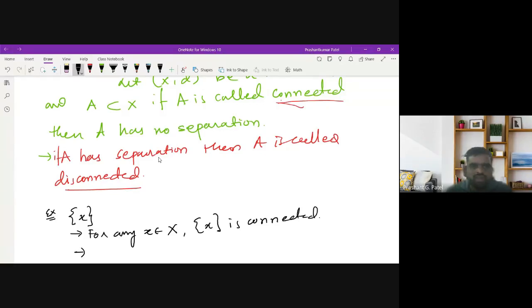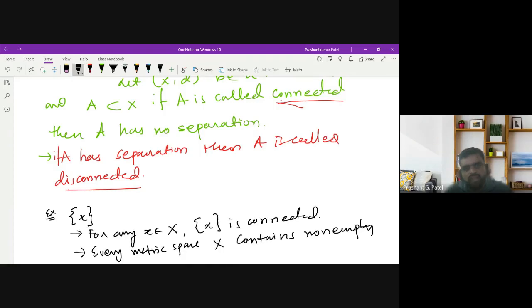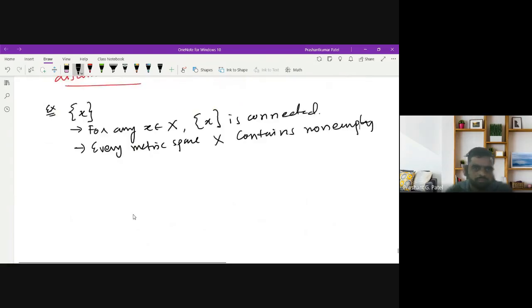Also, we should note that every metric space X contains a non-empty connected subset.